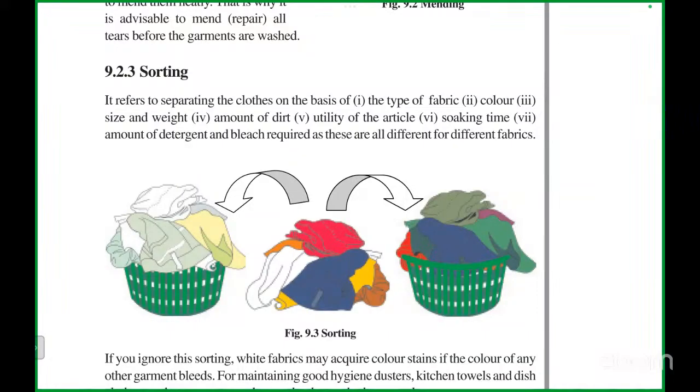White shirts or white pants or any white clothing with your colorful clothes? You don't do that because the color will come out of the colorful clothes and your white will all become colorful. So we separate the white clothes and we separate the colorful clothes and then we wash.